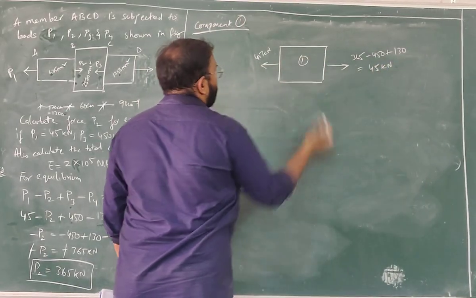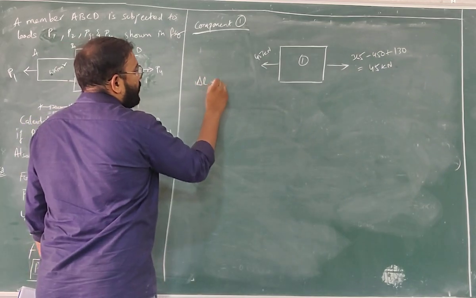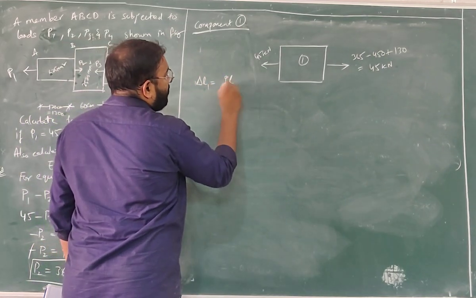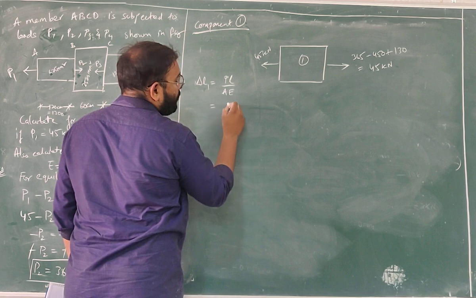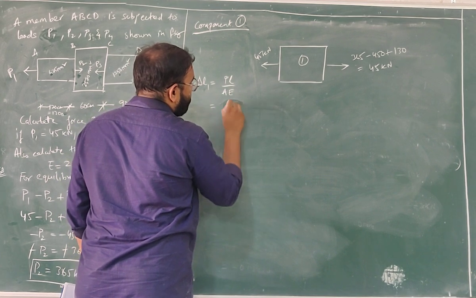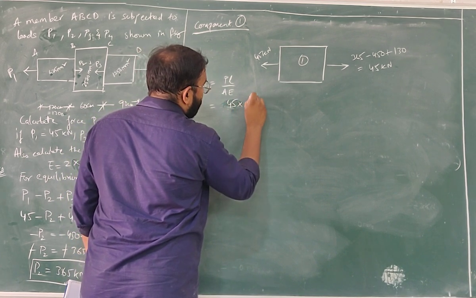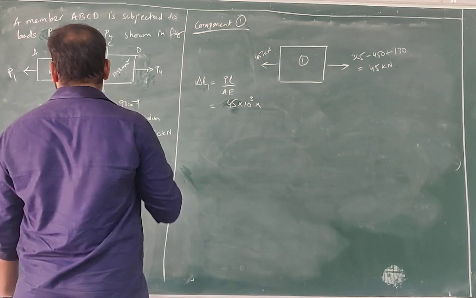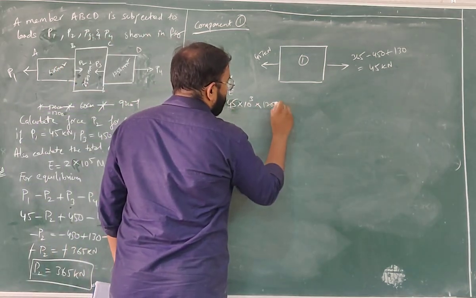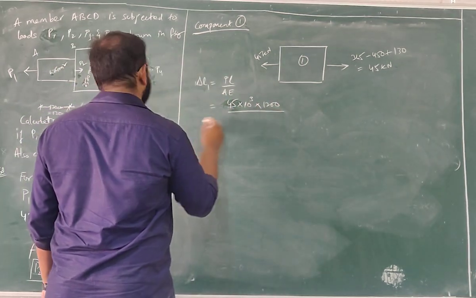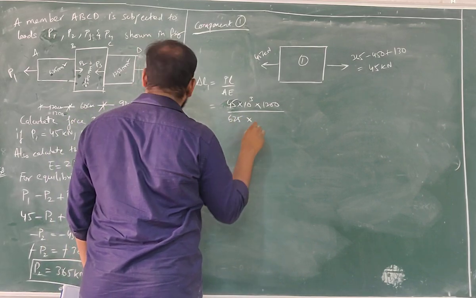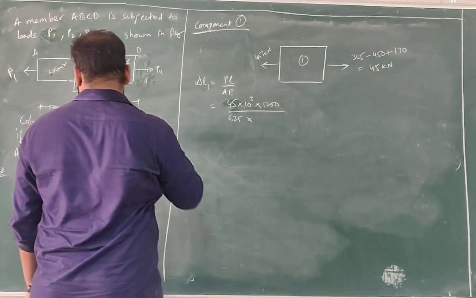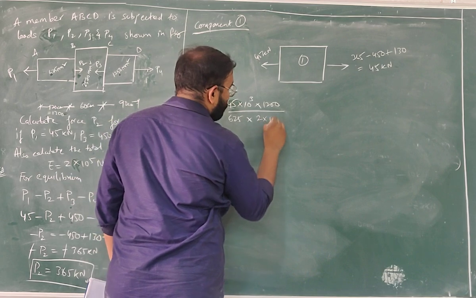This is component 1. So delta L1 will be PL by AE, equal to 45 into 10 power 3 multiplied by the length, 1200, divided by area 625 multiplied by E, 2 into 10 power 5.